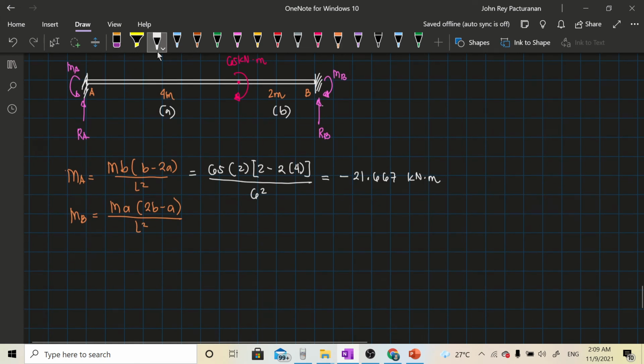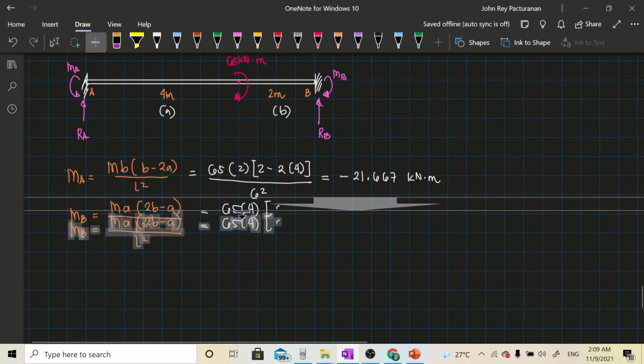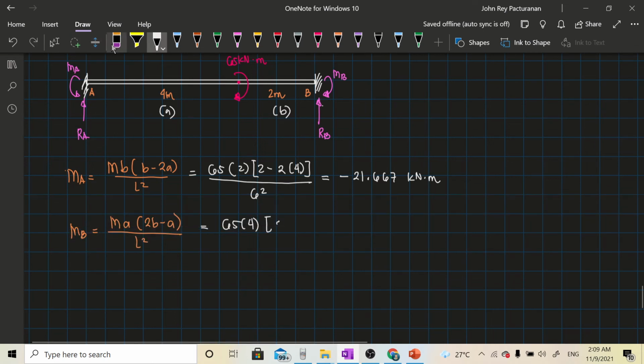And all I need to do is to substitute 65 times 4, the quantity 2 times 2 minus 4, then divided by 6 squared. And here, magiging 0 siya, right?